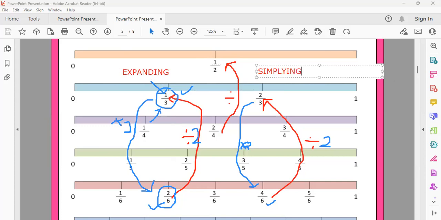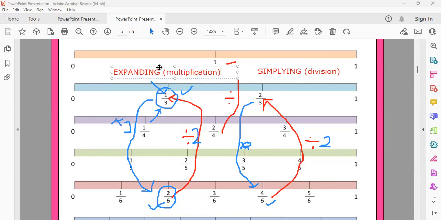You can expand the fraction. You can simplify the fraction. Simplify means I am going to use division. Got it? And if expanding means, what am I going to use, guys? Multiplication. Good job.